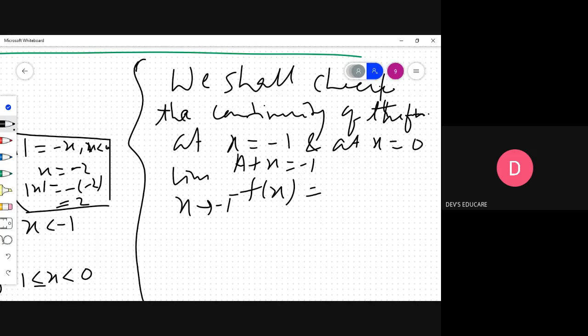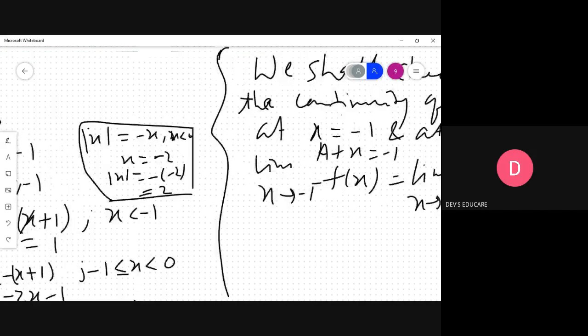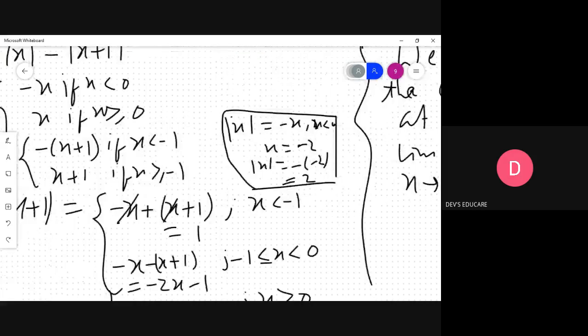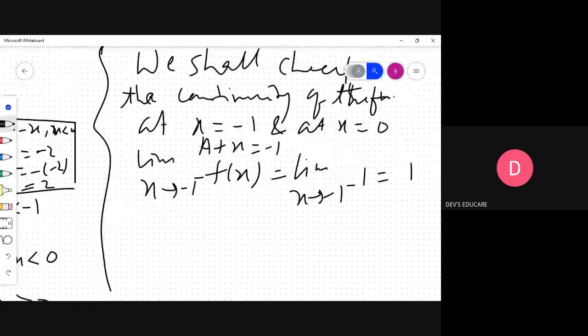So you can directly take the LHL, limit x tends to minus 1 minus f(x). Here f(x) is 1, so the answer is 1.